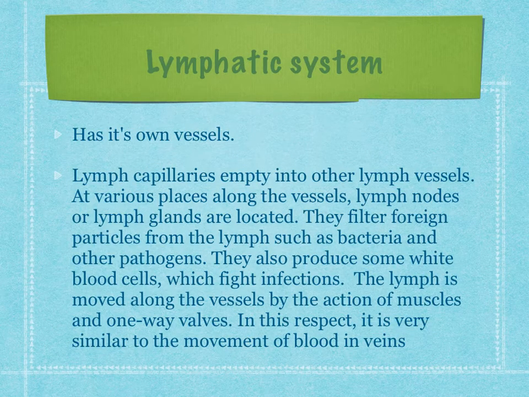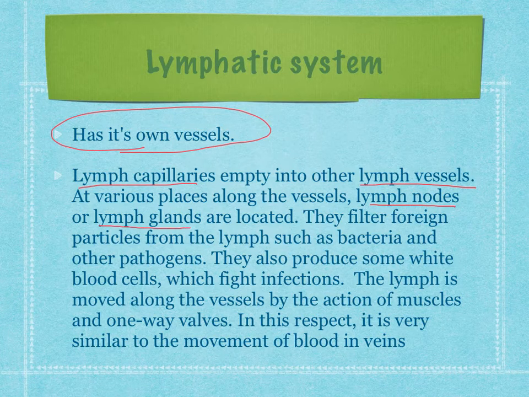Lymphatic system. It has its own vessels. Lymph capillaries empty into other lymph vessels. At various places along the vessels, lymph nodes or lymph glands are located. They filter foreign particles from the lymph, such as bacteria and other pathogens.